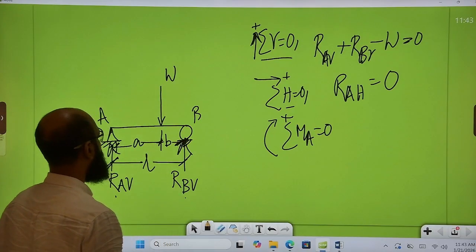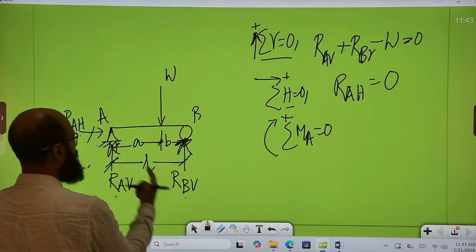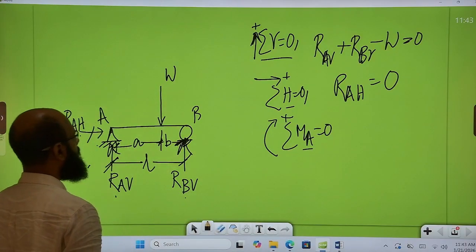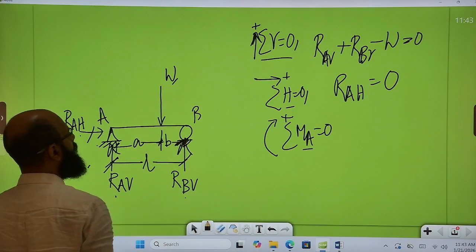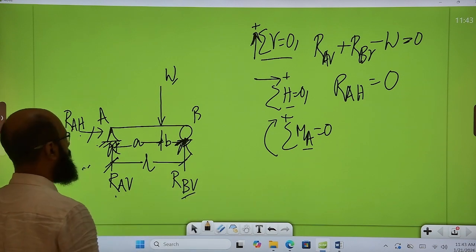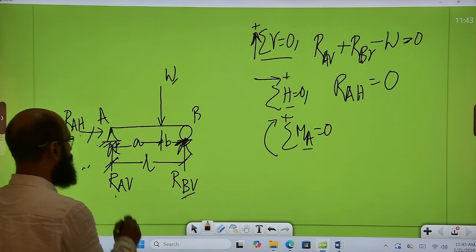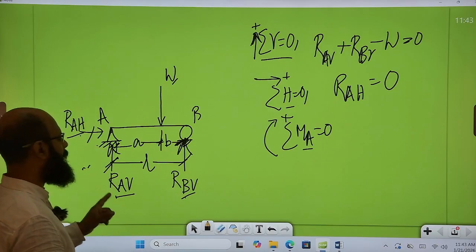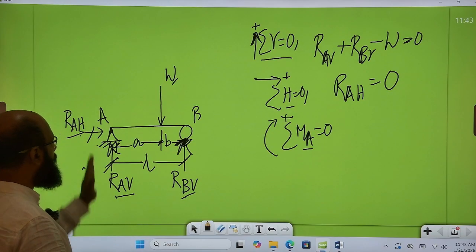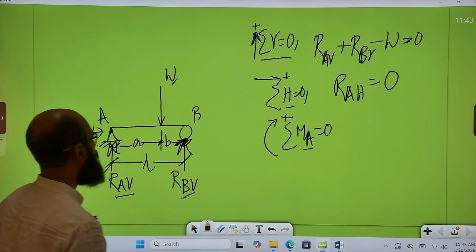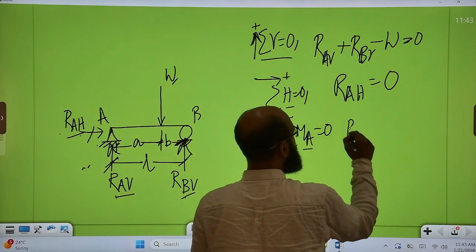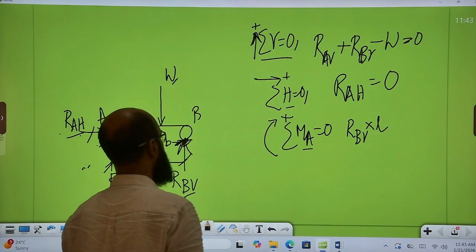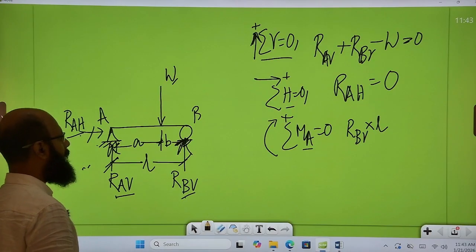And taking moment about A equal to 0, clockwise moment is taken as positive. Moment means load into perpendicular distance. If we take moment at A equal to 0, due to this W load and RBV there will be moment. There will be no moment due to RAV and RAH because these two reactions are acting through this point A. So RBV into L, load into distance. Now we have to find out whether it will be clockwise or anti-clockwise.